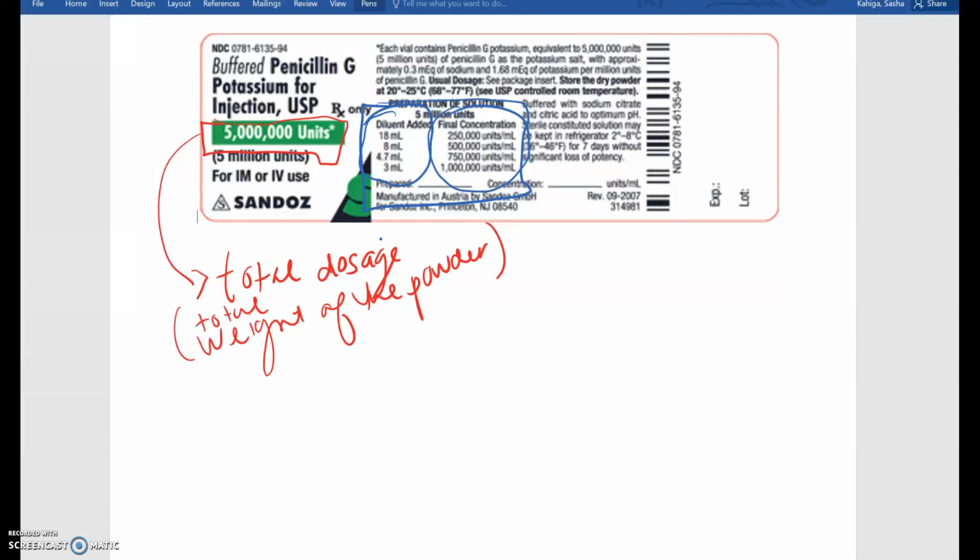But if you add a volume, a diluent volume, or you're given multiple diluent volumes and you get multiple concentrations, that means what? It is a multi-concentration label. So in this case, this label is a multi-concentration medication.